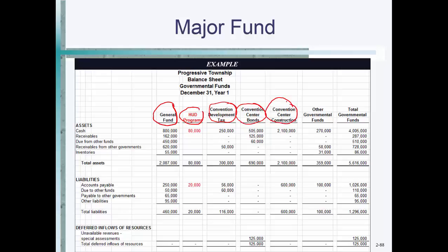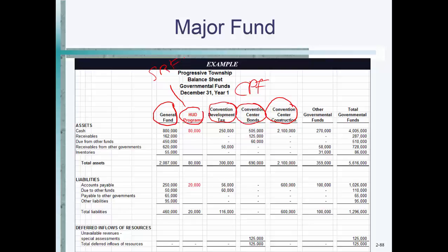I'm thinking those are all capital project funds, right? So those categories that we talked about, the governmental fund, the special revenue fund, the debt service fund, the capital project fund, those are fund categories, aren't they? Fund types that then the hundreds of funds that this government had could potentially fit under.